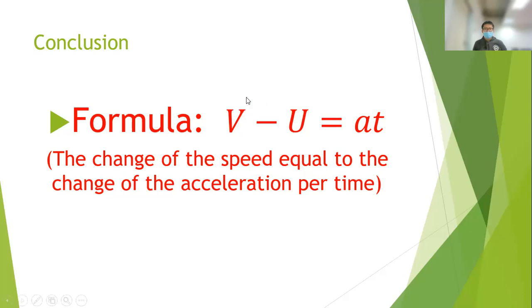The final speed minus the starting speed. Some people put the initial speed minus the final speed, which is wrong. It's the final speed minus the initial speed. Important things, I repeat 3 times: the final speed minus the initial speed.